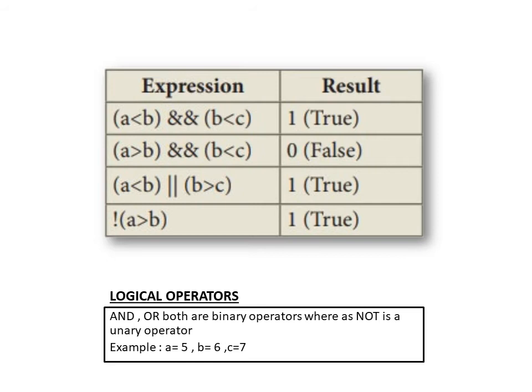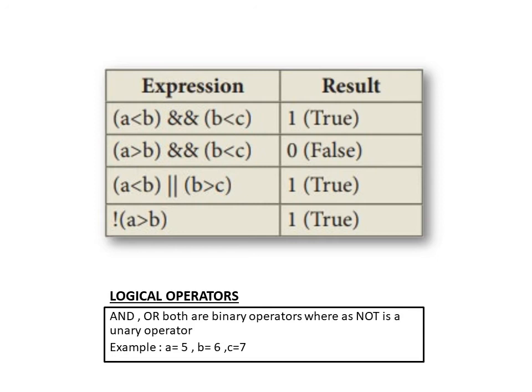Now, let's look into an example. A equal to 5, B equal to 6, C equal to 7. First expression, 5 less than 6 and 6 less than 7. True. The result we got is 1, which is true. The next expression, 5 greater than 6 and 6 less than 7. One of them is false, so the result will also become 0 because we are using logical AND. In the logical OR case, 5 less than 6 true or 6 greater than 7 false.